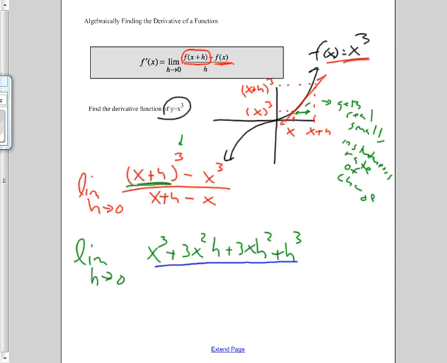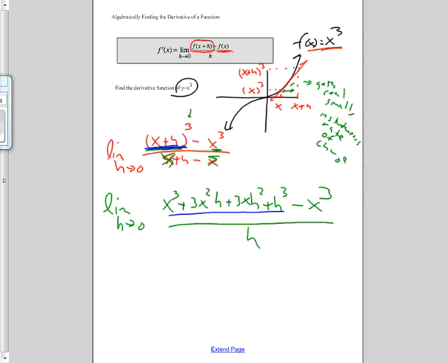That blue underline is just this expanded. If you're not familiar with that, find me soon. Find a friend, look on Google, look on YouTube, and look up binomial expansion using Pascal's triangle, and it'll show up really quickly. And then we have this minus x cubed, and that's this piece here, all over h, because the x's go away.